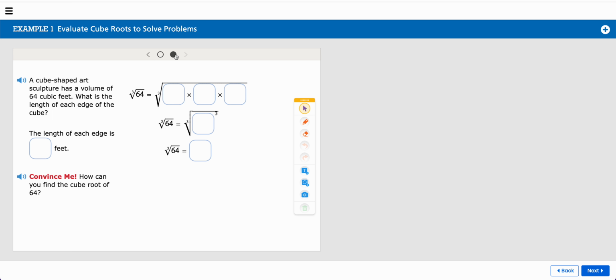All right. So a cube-shaped art sculpture has a volume of 64 cubic feet. What is the length of each edge of the cube? So now we're talking about the difference between square feet that we just talked about with the floor of the treehouse, right? Square feet is how many dimensions?